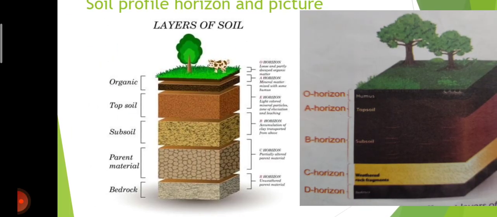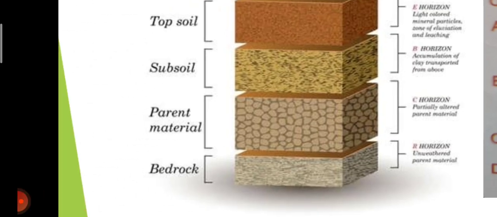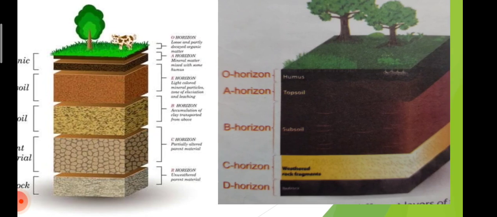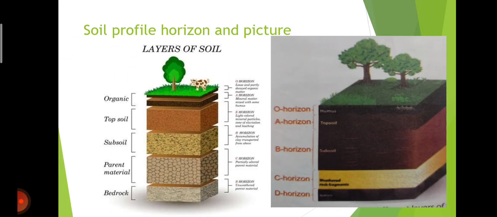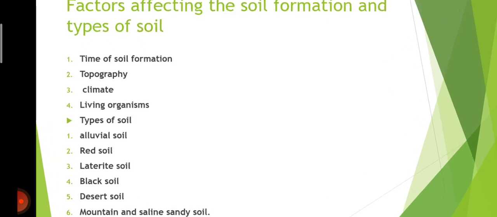Now the D horizon is the bedrock area. You can see it in the first picture also. This is the bedrock area, which is not under any effect or pressure of the different agents of soil erosion.